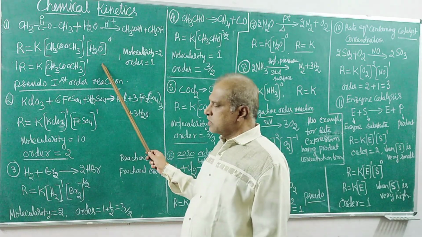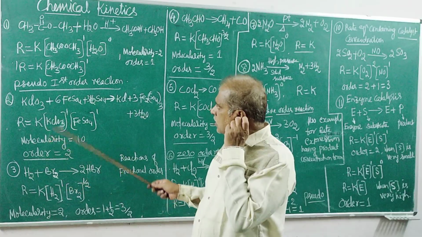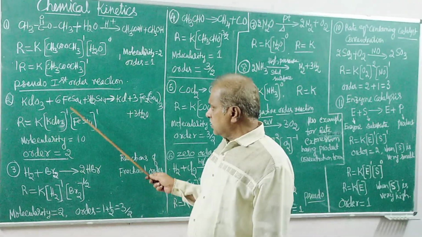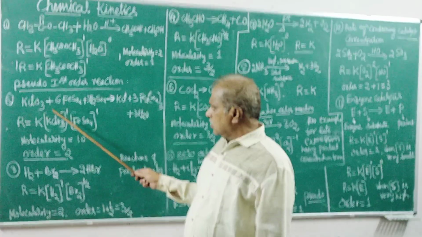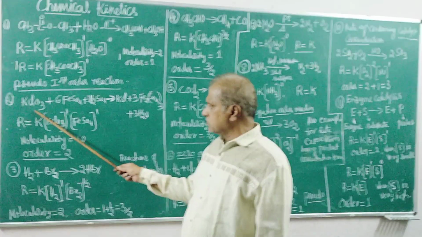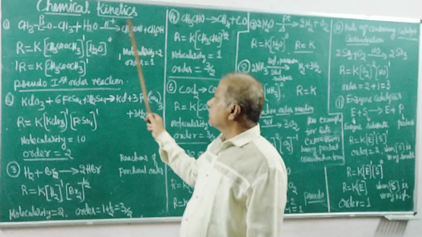This is one case. Usually you see these equations and reactions in many books. And the second case is more complicated than this. It is potassium chlorate, a salt, dissolved in water. This also takes place in an aqueous medium.